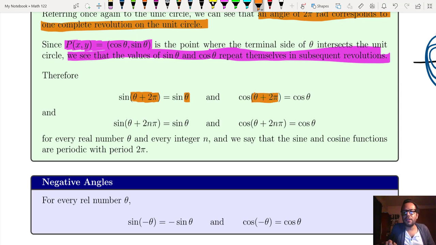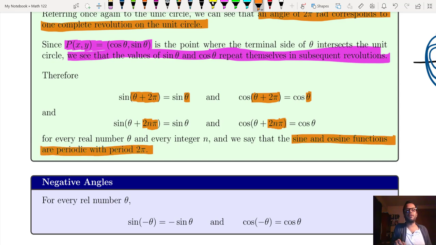Cosine and sine have the same rotation, and not just for 2 pi but for multiples of 2 pi. That means sine and cosine are periodic functions that repeat themselves after 2 pi, where n is just an integer: 2 pi, then 4 pi, etc. We're going to play with this in a minute.